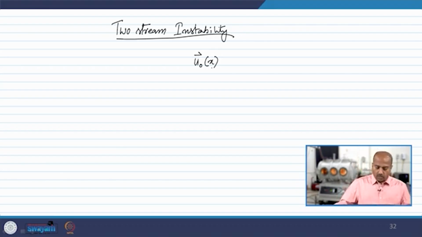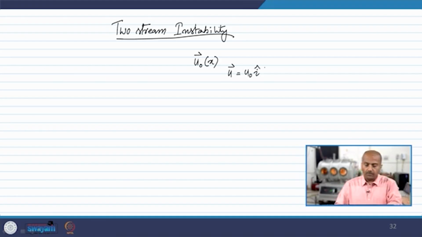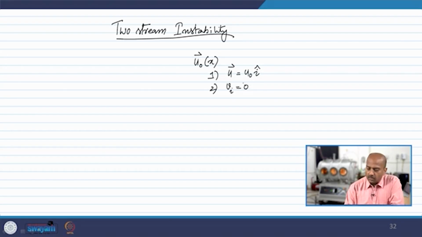Okay. So, the electron fluid is moving with a uniform velocity u naught along x. So, you write that the electron velocity u is u naught i cap. Number 2, the velocity of ions is equal to 0. That means they are at rest.